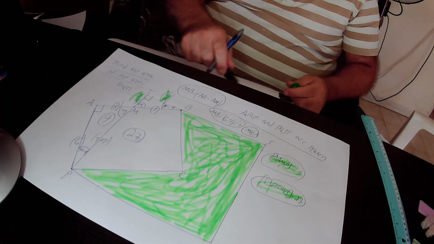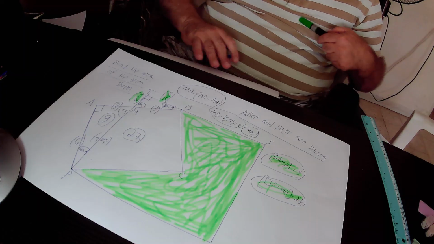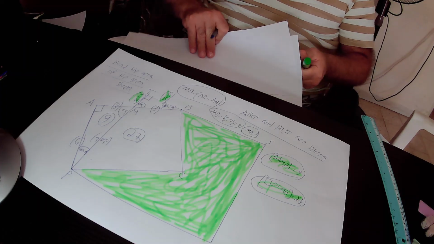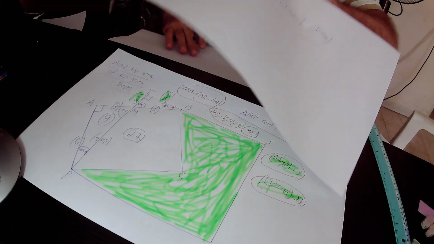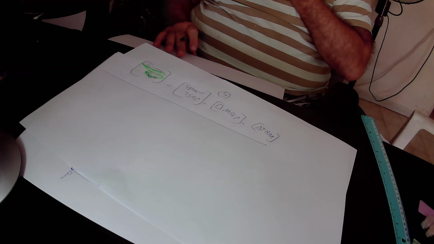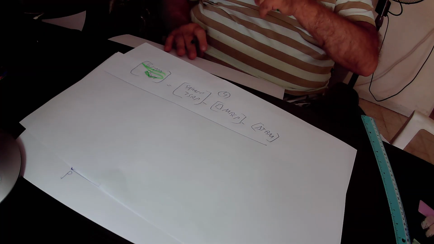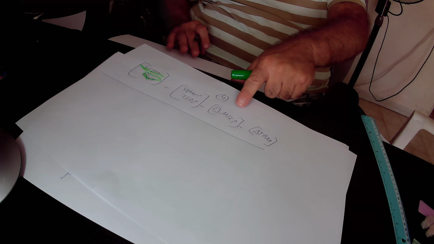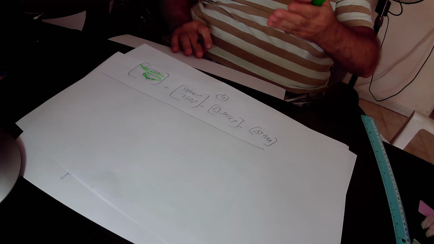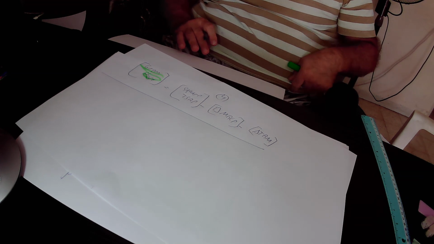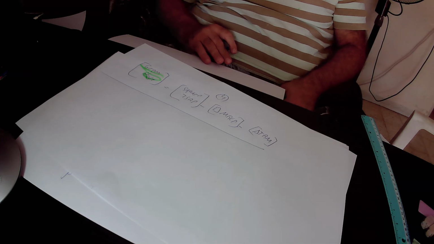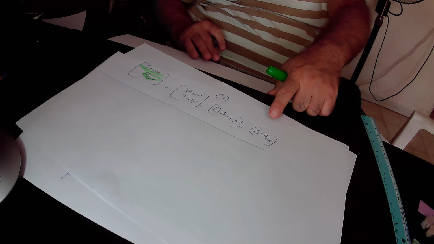Because again, the area of this green shape in total is equal to the area of the big square TSQP minus the area of quadrilateral MBCP. This is equal to 27 square units in size according to what is given in the question, minus the area of the right triangle TBM.